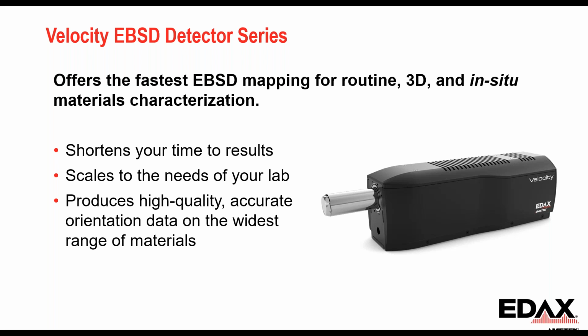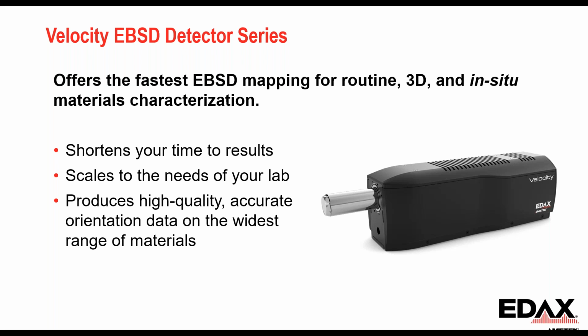So the Velocity is our high-speed CMOS detector series, and it's a detector that's really good for routine characterization, but as we go faster and faster, it's really ideal for 3D and in-situ characterization as well, where time is of the essence. This detector shortens the time to results, and we'll see some examples of why that's important.